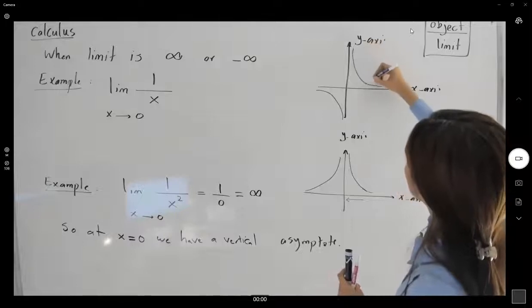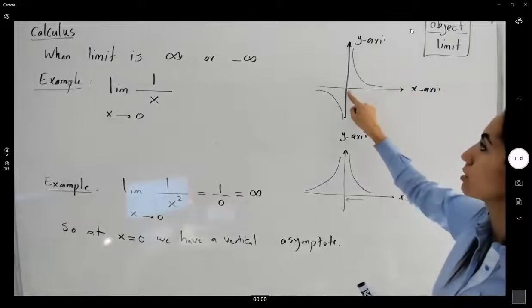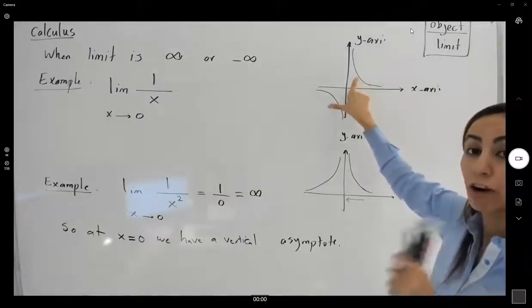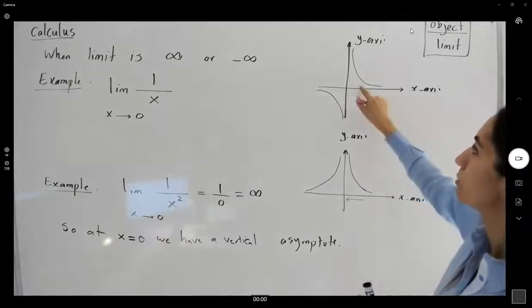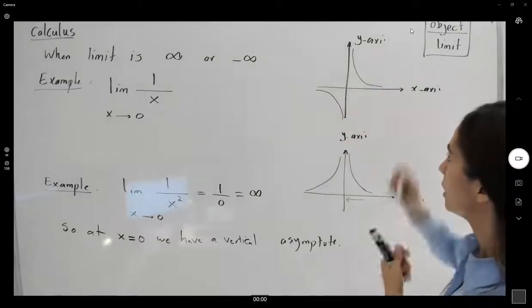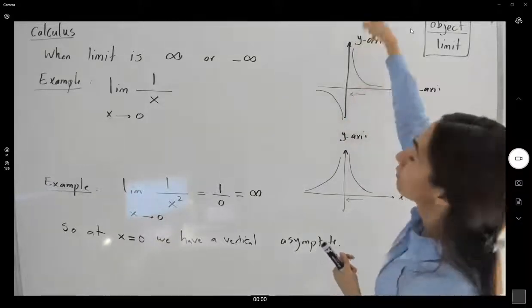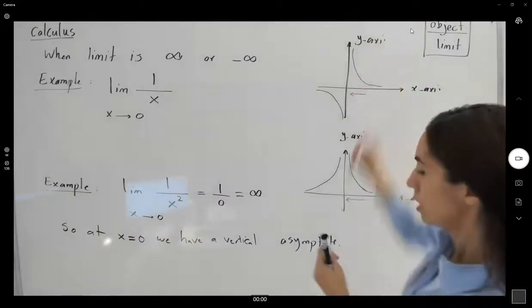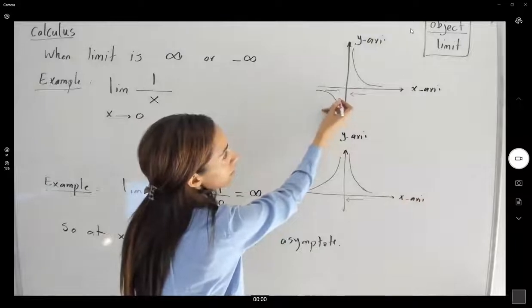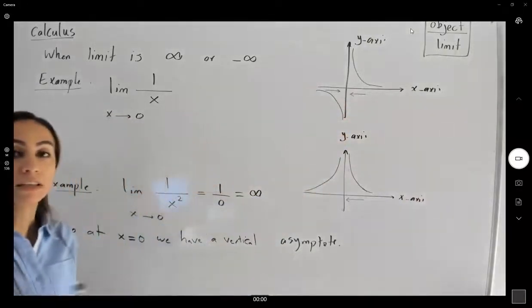Then here. So when you're getting closer and closer to 0, you have two pieces of function to worry about. One piece is on the right-hand side, one piece is on the left-hand side. If you're getting closer and closer to 0 from the right-hand side, my y value goes to positive infinity. But if I go closer and closer to 0 from the left-hand side, my y goes to negative infinity.